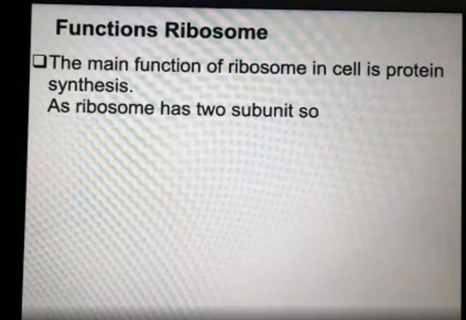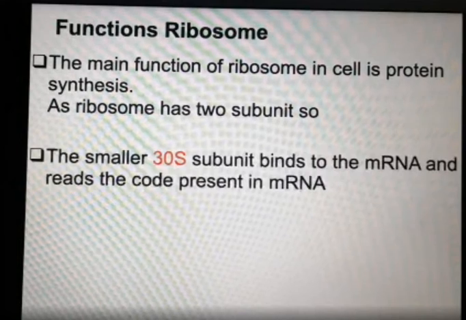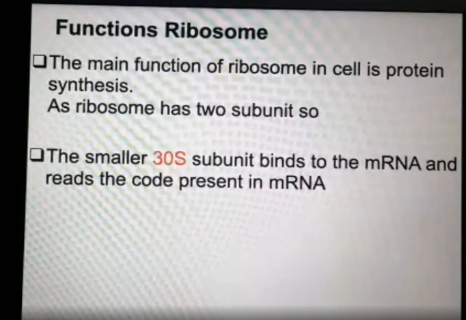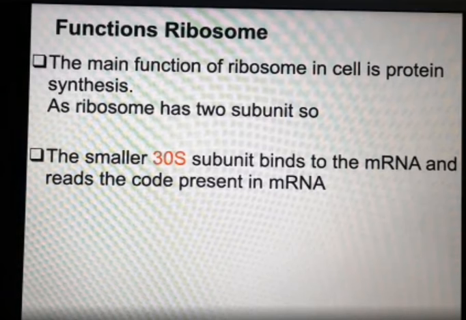The main function of the ribosome in the cell is protein synthesis, as the ribosome has two subunits. The smaller 30S subunit binds to the mRNA and reads the code present in the mRNA.